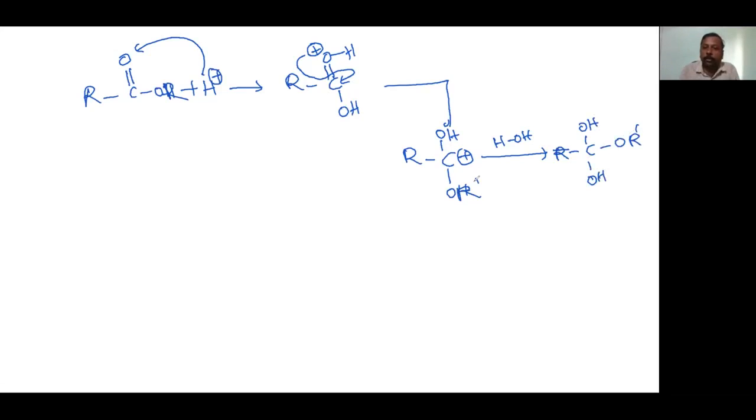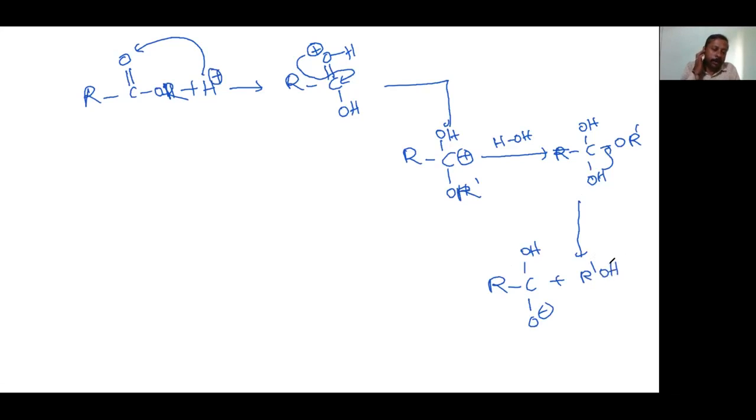Now this is unstable because it cannot carry both OH. Then this will go along with this. Then it will be ROH, and this will be O negative. This will be R dash OH.